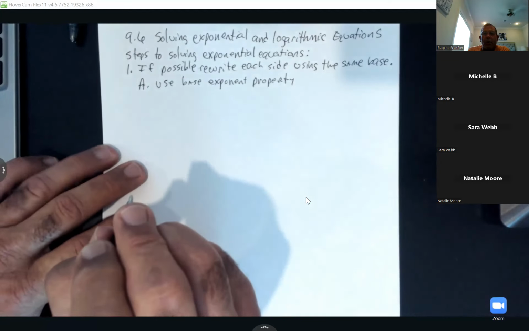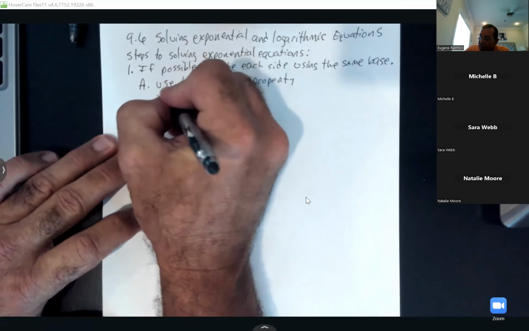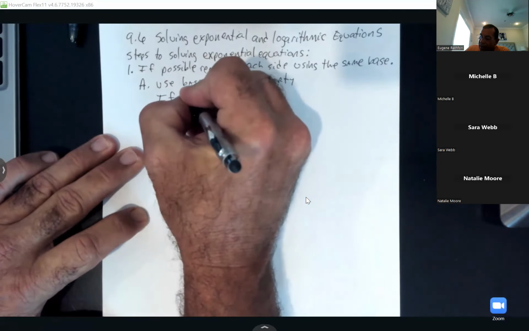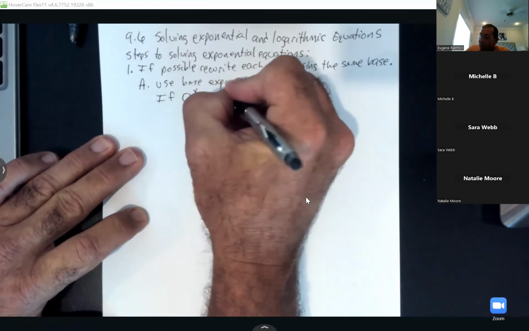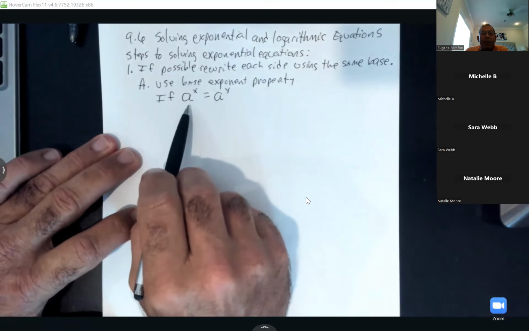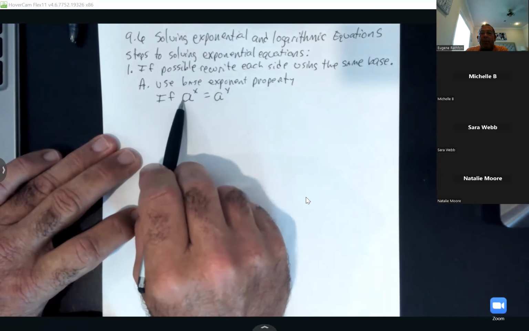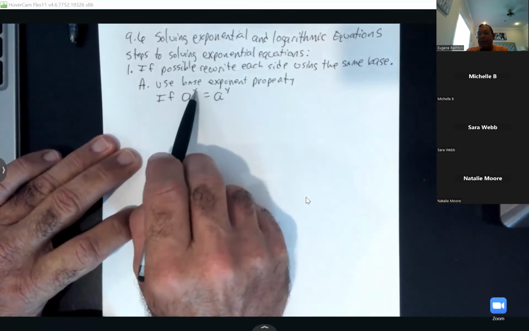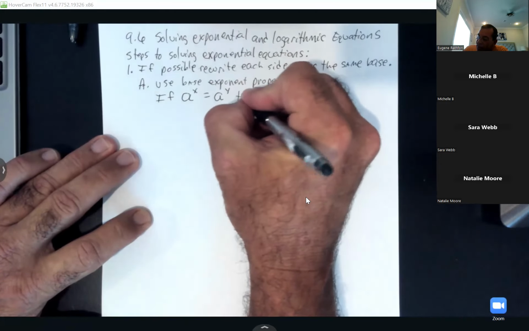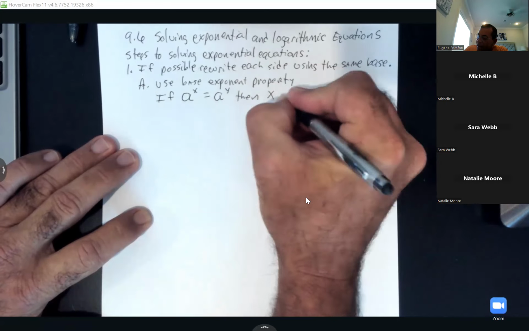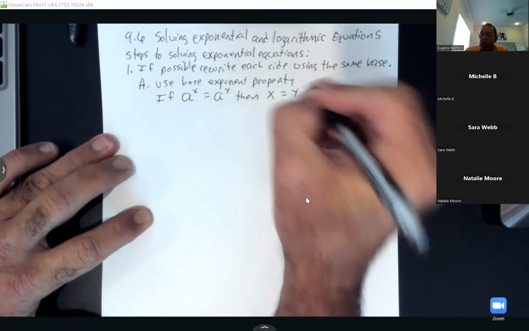And the base exponent property tells me if I got a to the x equal to a to the y, if these bases are the same, then by default, the exponents have to be equal. So then I could just set my x equal to my y.